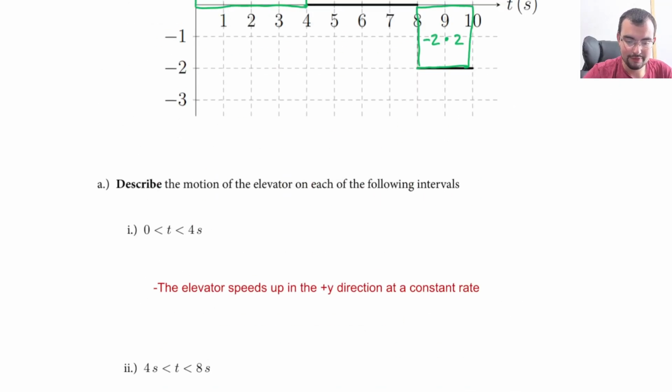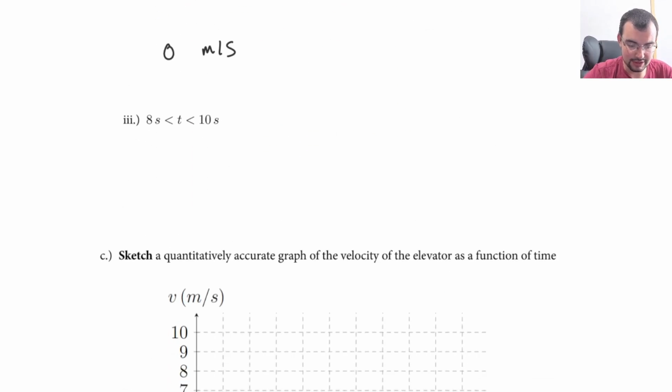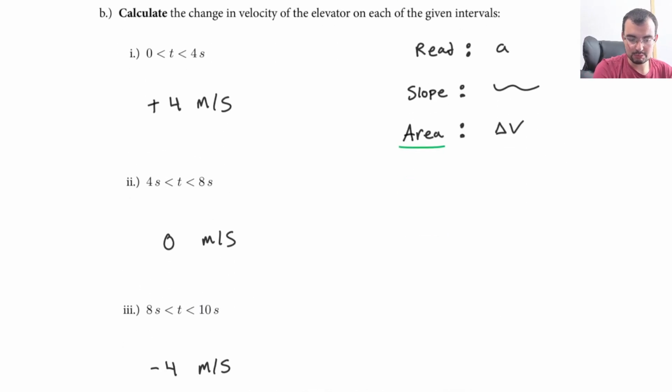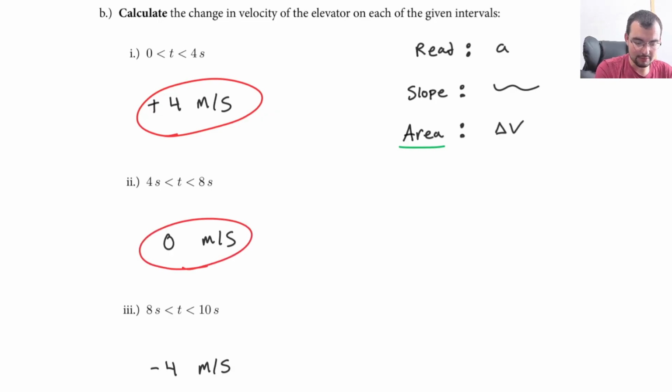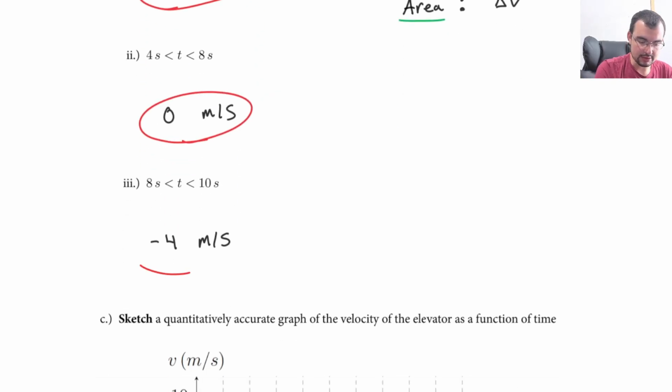And then I have negative 2 times 2, which is negative 4. So our elevator speeds up by 4 meters per second. Then it maintains that speed. Then it loses those 4 meters per second and actually stops.